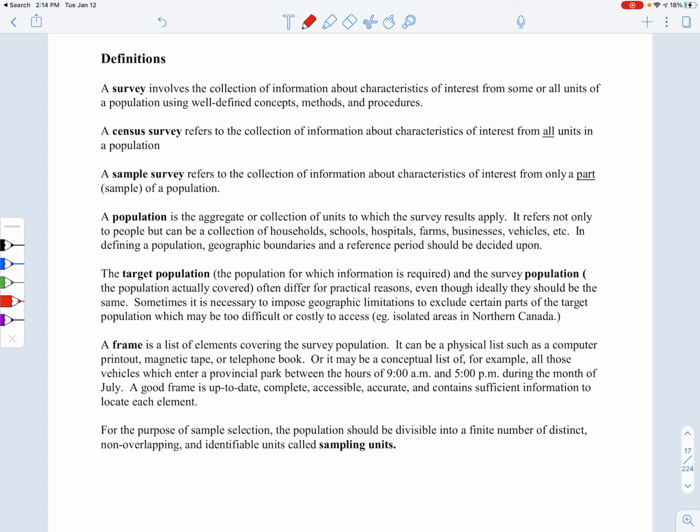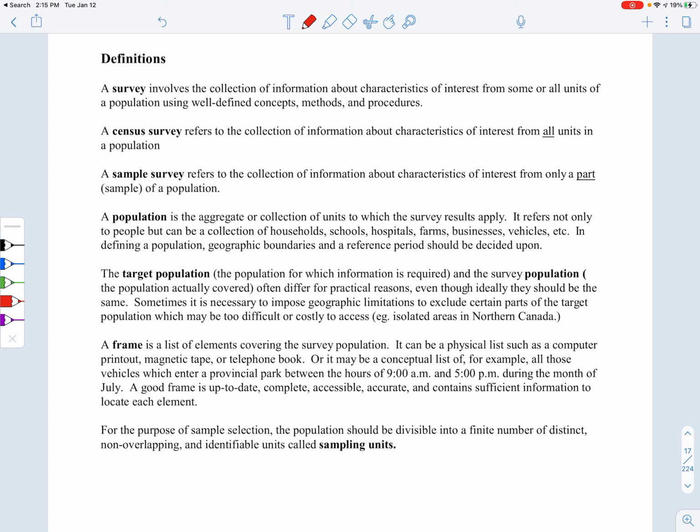Now, even they, of course, can't get everybody because there's people who are transient, or people who don't have a home, or people who are hiding out in the bush for some reason, and so they can't get everybody. And that in itself is actually a problem because you're not surveying certain portions of the population here. But setting that aside, the whole concept of a census survey is that you're surveying everybody.